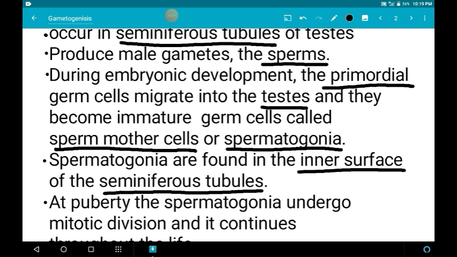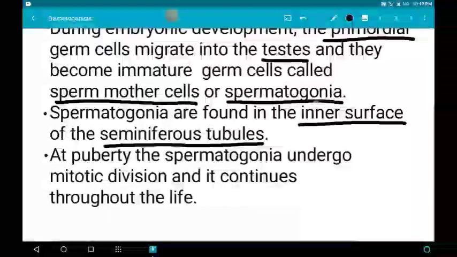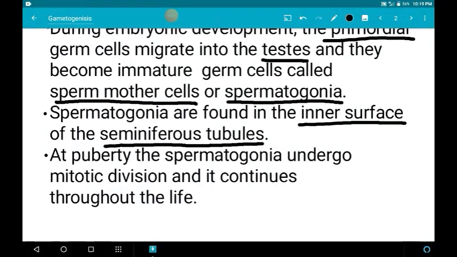At the time of puberty, the spermatogonia undergo mitotic division, and this mitotic division continues throughout the life of the person.